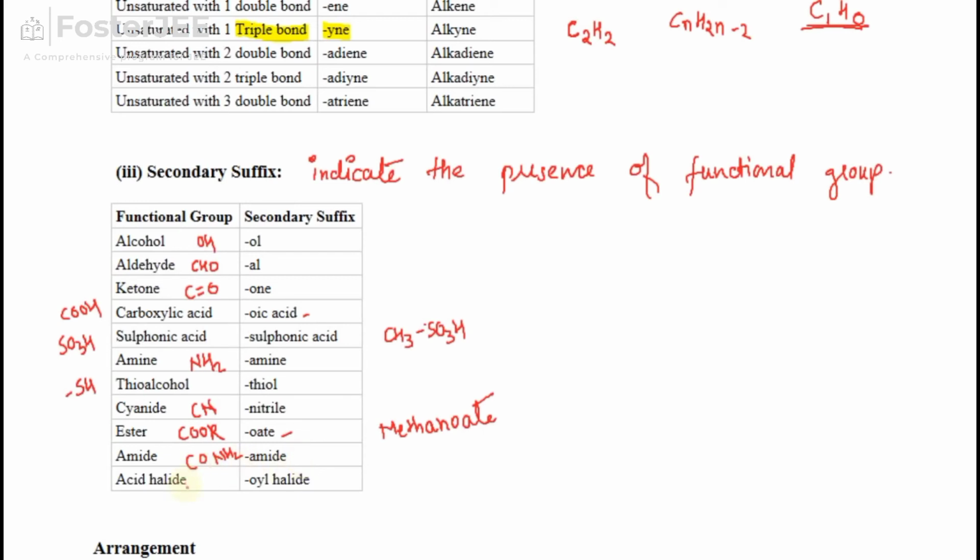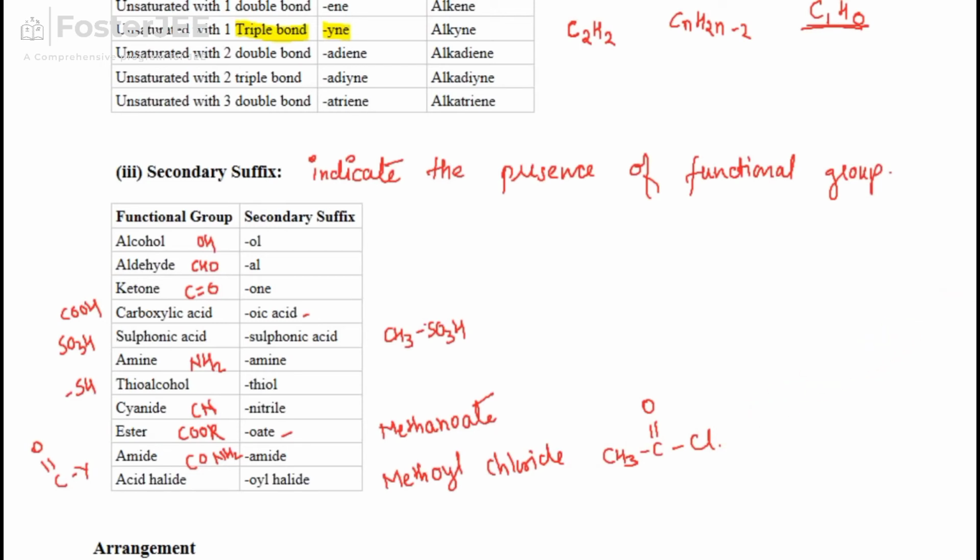Now, if the functional group is acid halide, acid halide means the C double bond O X group, then the suffix will be oyl halide. For example, ethanoyl chloride, if the compound is CH3 C double bond O Cl.